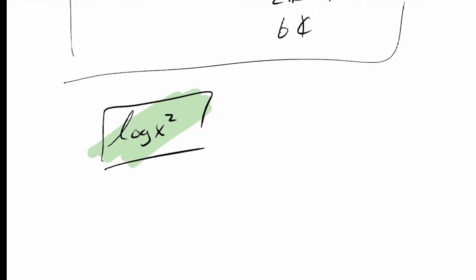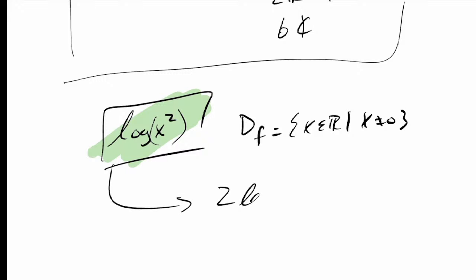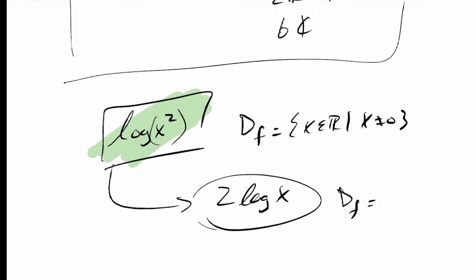If I give you the log of x squared, the domain of this function is going to be all real numbers, kicking out 0. But if you apply your logarithmic property, you can drop that 2 down, and now the domain of this is all real numbers such that x is greater than 0.